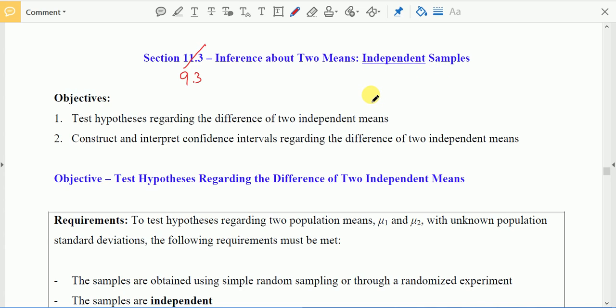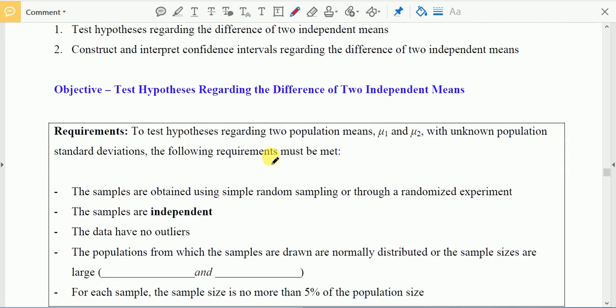For dependent samples, we talk about the difference of the means, meaning you subtract the two means and then find the test statistic. But this time, we keep them separately because they are independent.